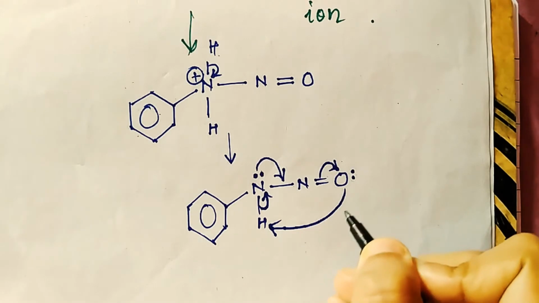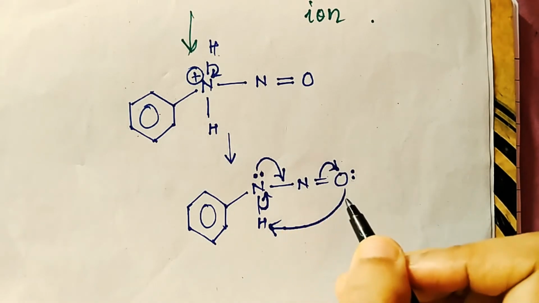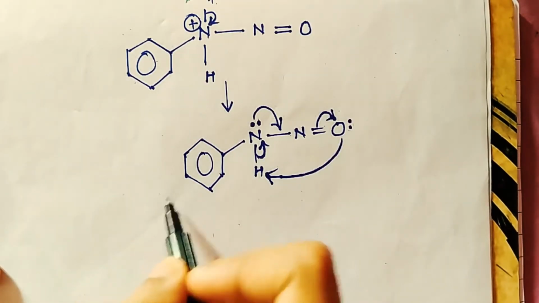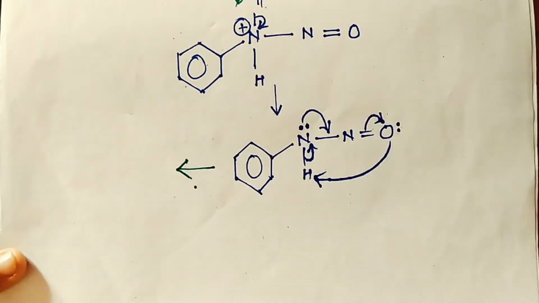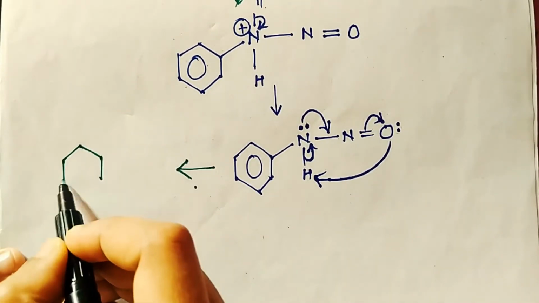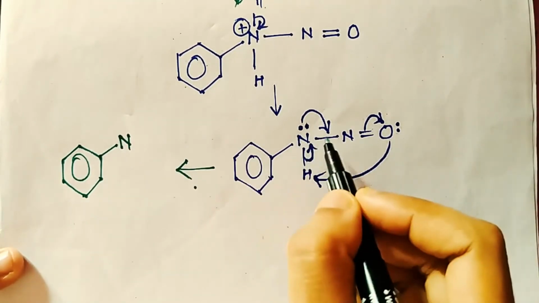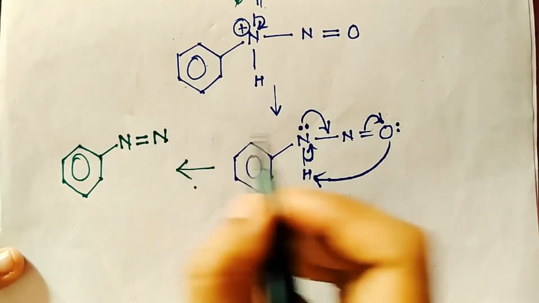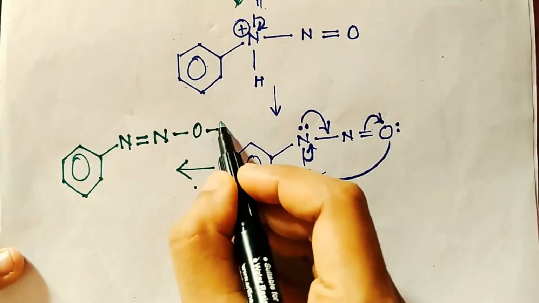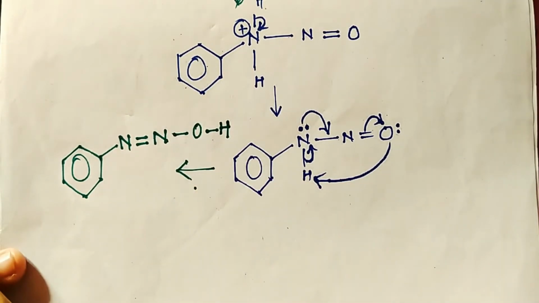This type of mechanism happens. So the product will be the benzene ring with a double bond and a single bond O, then H.